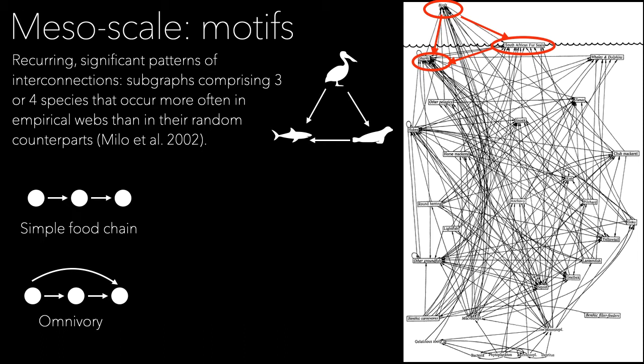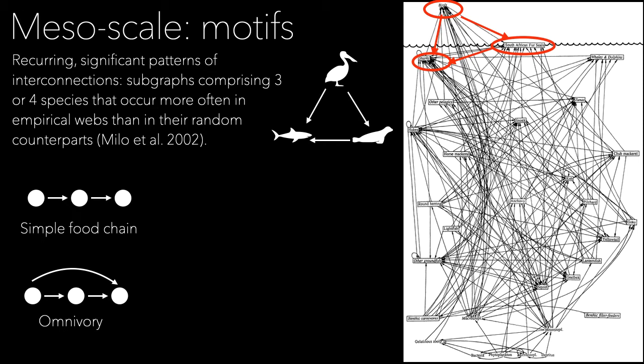This is very important to understand because this is a classic motif that generates stability. This type of interconnection among three species is very important to stabilize the food webs.